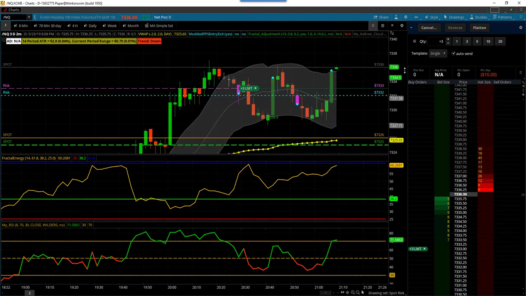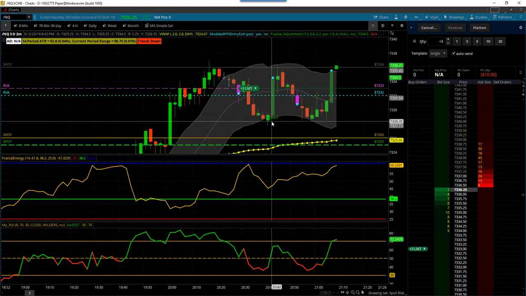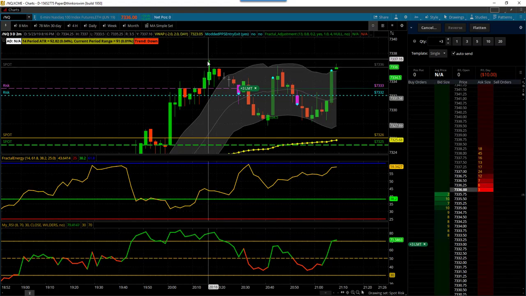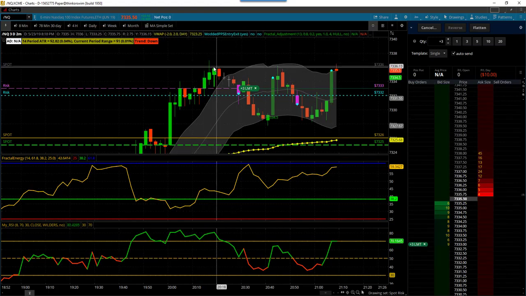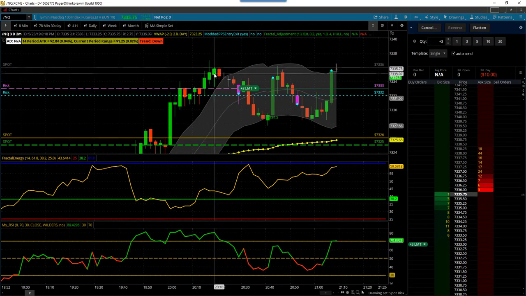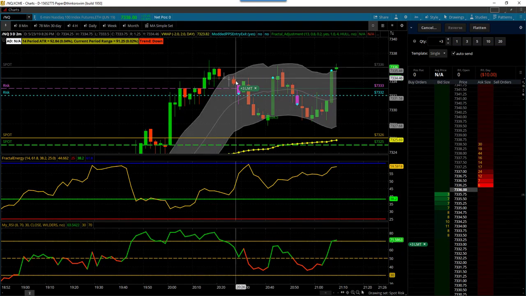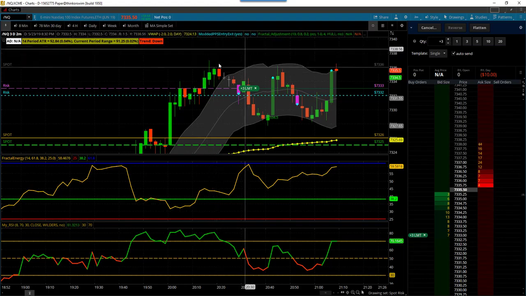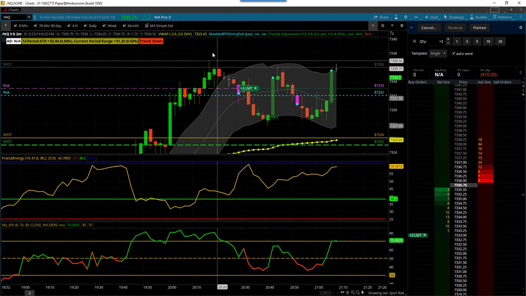And at that point, if they had gotten in here, you can see that it wouldn't have worked out good for them. But if they had waited for candle close, they would have realized that price had not yet made it through there, and in fact actually might be going in the other direction.